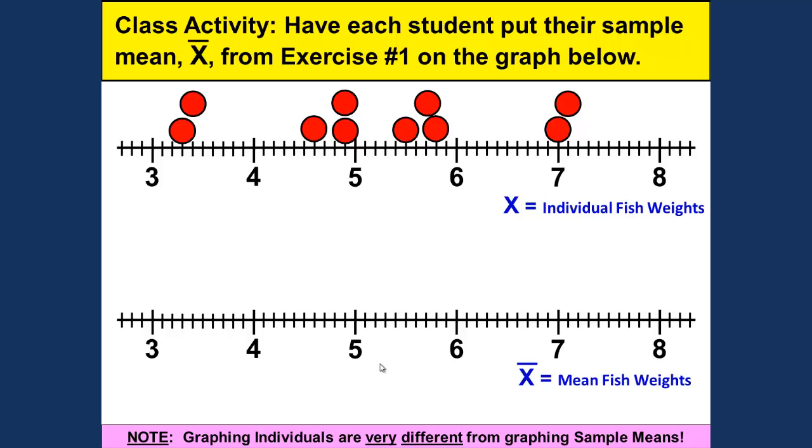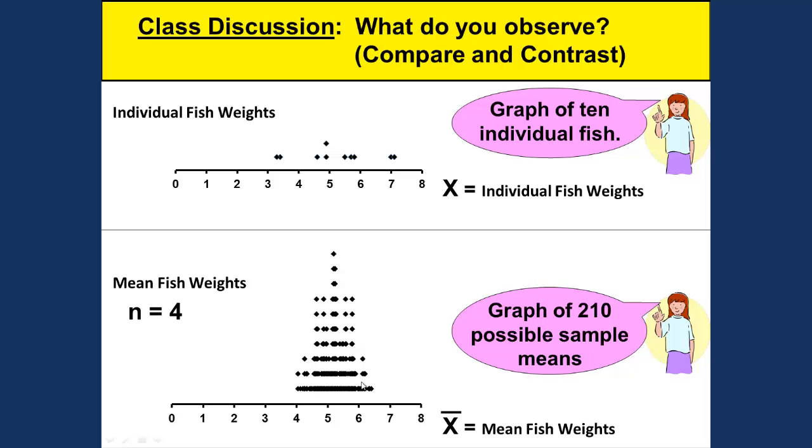Since we cannot do this for an entire class in our video, you may wish to go back and do multiple sets of samples and place each of those sample means on the graph to see what kind of answers you get. But by the magic of the video and Ms. Borlaug, we can look at all 210 examples that she has graphed on the second graph below.